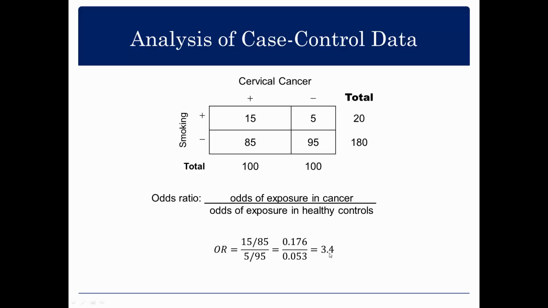So when we see an odds ratio of 3.4, an odds ratio of 1 would indicate that there's an equal chance, right? An equal chance of developing the condition of cervical cancer whether or not you've smoked in the past. But when you see an odds ratio greater than 1, that tells us something about the increased risk that could come about with the exposure. And again, in this case, it just indicates an association.